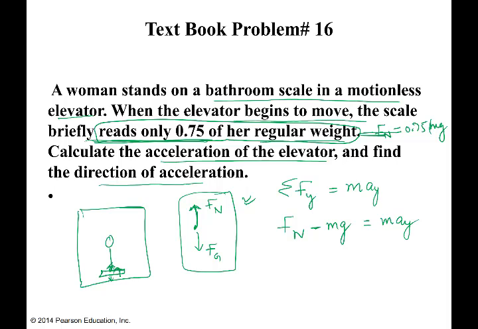So instead of writing Fn, we write 0.75 times the mass times gravity minus mg equivalent to m times ay. Note that the m is not given, but if you notice, there is m throughout. We take m common, we get 0.75 g minus g equivalent to ay.